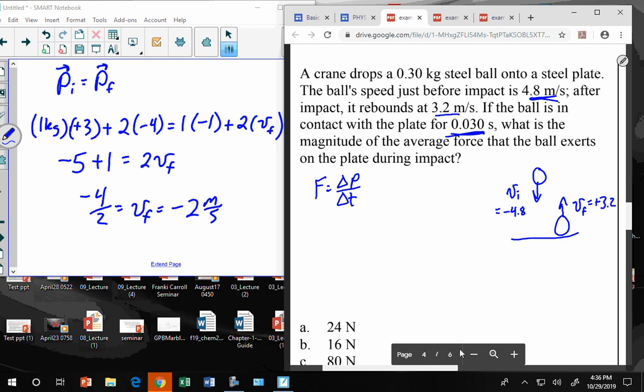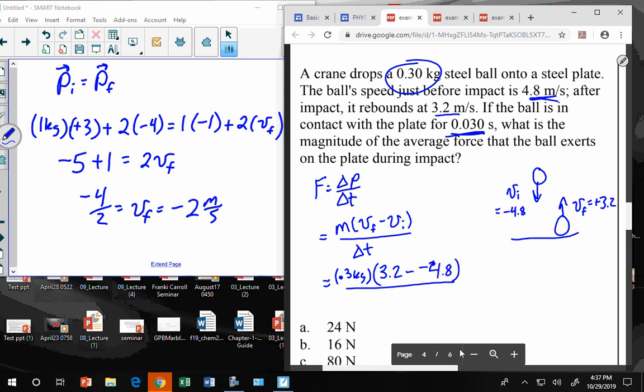Okay, so this is going to be M times VF minus VI divided by delta T. So my mass is 0.3 kilograms. That's right here. VF minus VI, that's 3.2 minus negative 4.8 divided by delta T, which is 0.03 seconds.